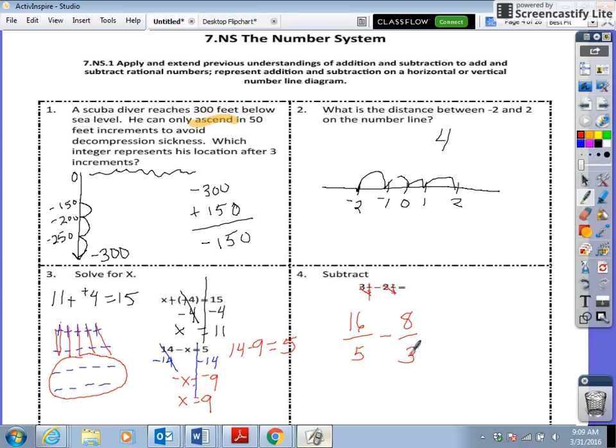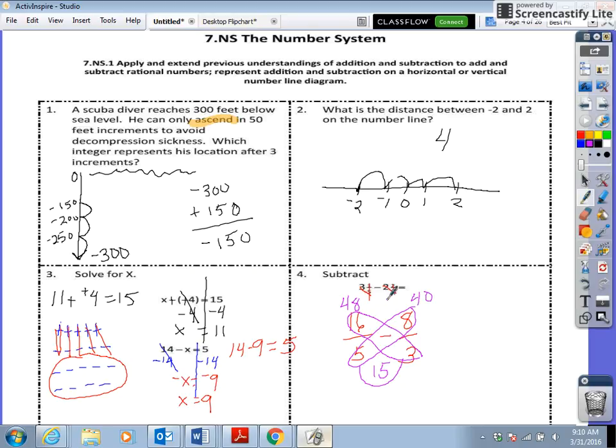So now we can subtract. We don't have the same denominator, but we can use our butterfly method to work that out. So we're going to cross multiply. 5 times 3 is 15, so that is our new denominator. 3 times 16, we have 30 plus 18, so that's 48. 5 times 8 is 40.